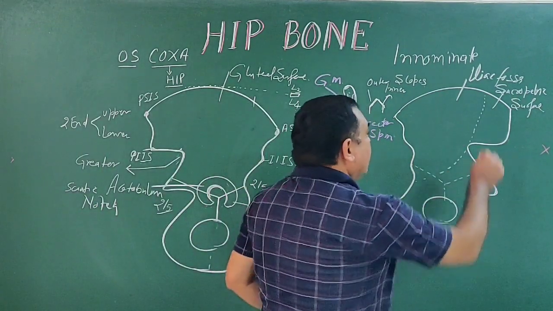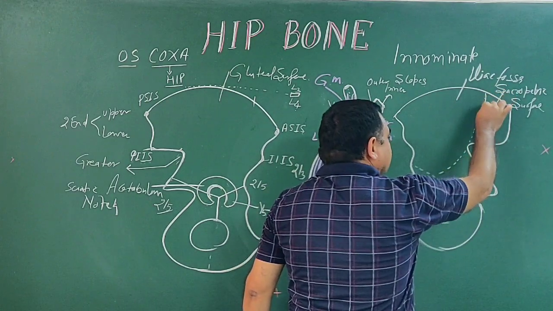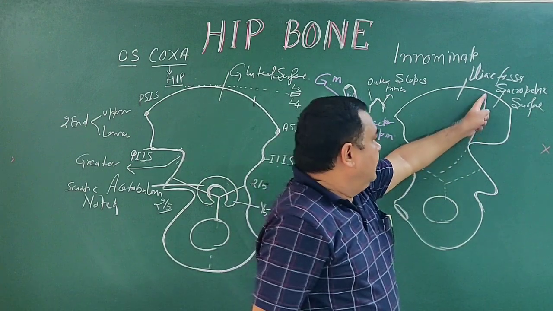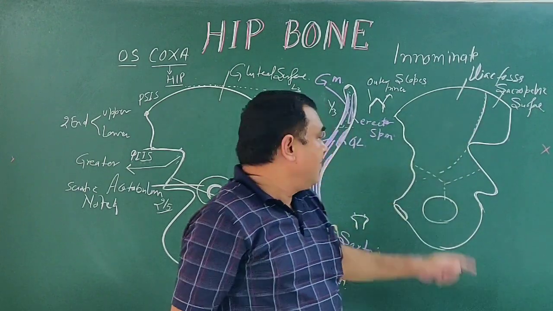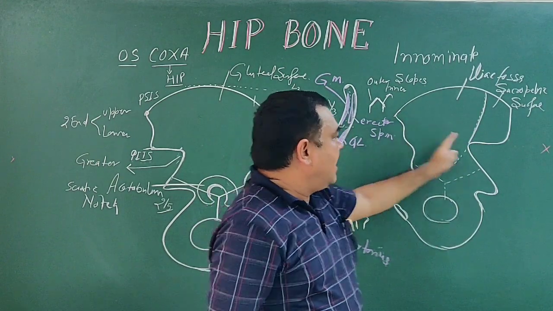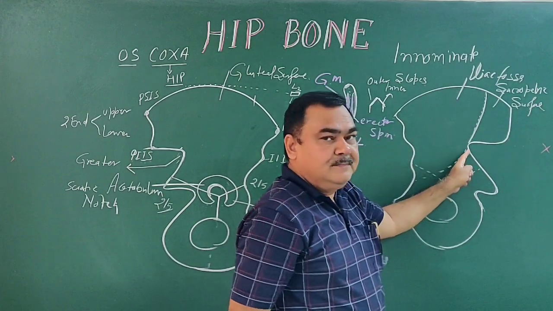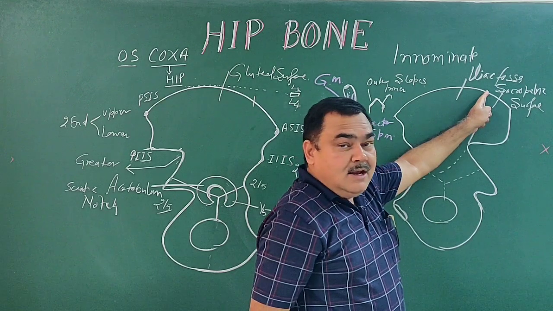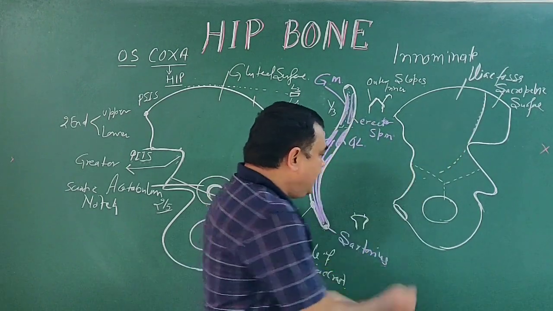Now the intermediate medial border. This medial border lies between the anterior and posterior border, and extends from the iliac crest to the iliopubic eminence.